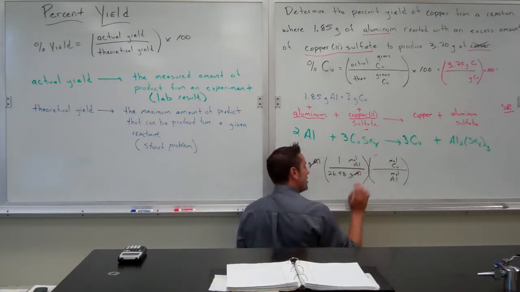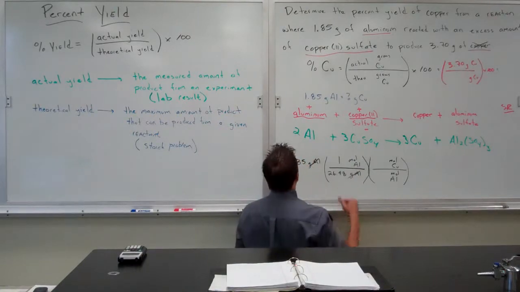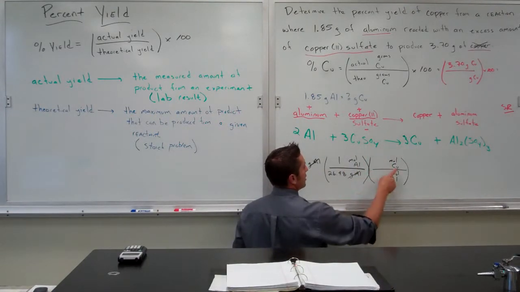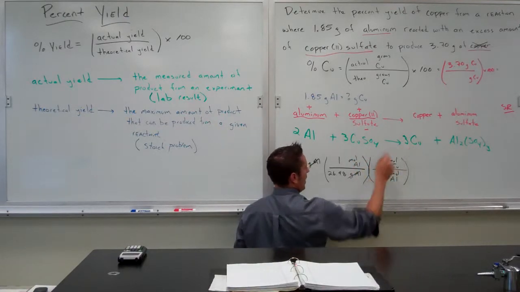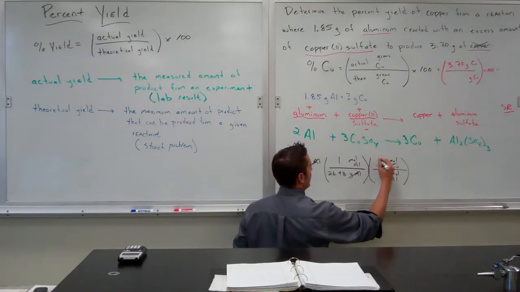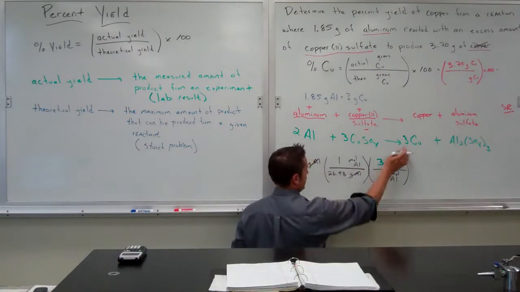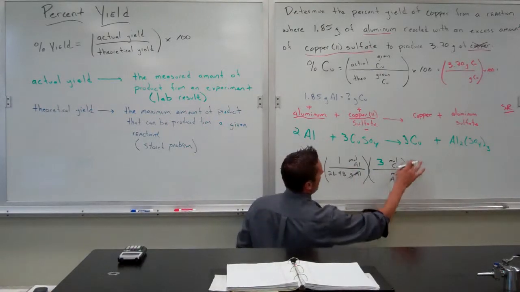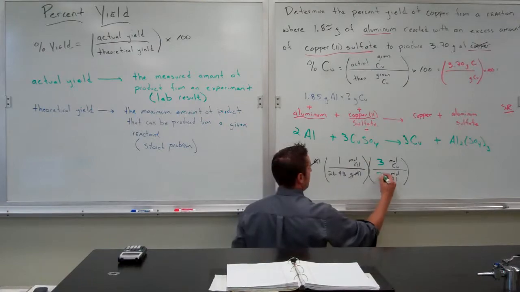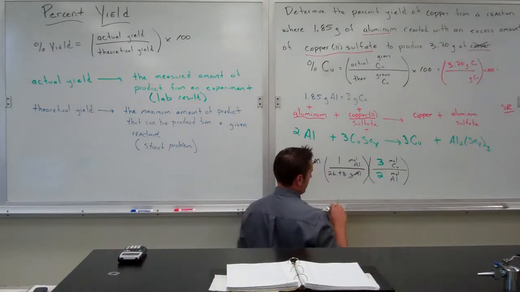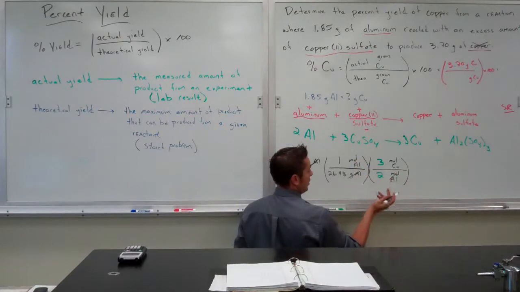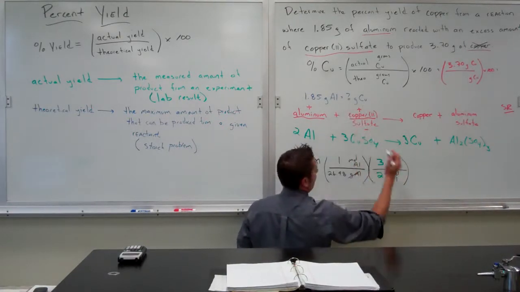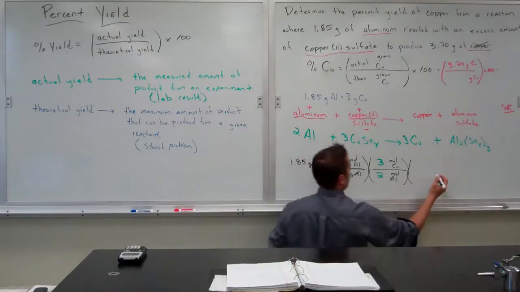Remember, the mole-to-mole ratio is not automatically 1, so I have to look into my equation. So I find Cu, nope, CuSO4, there's Cu by itself. So I put a 3 next to that Cu, because there's a 3 there. I find Al all alone, it's here, which makes it a 2. Last but not least, I have to get to the unit that I'm looking for. I don't want moles, I want grams.